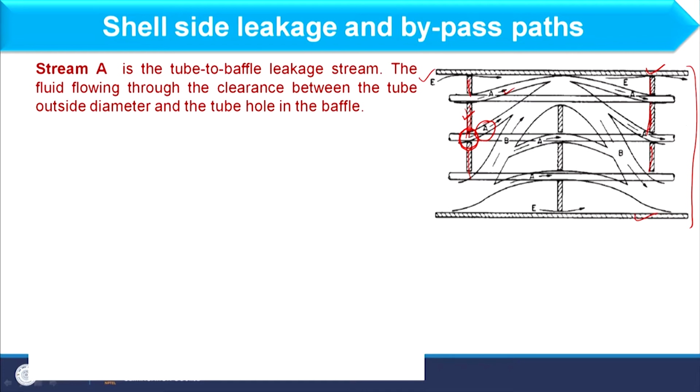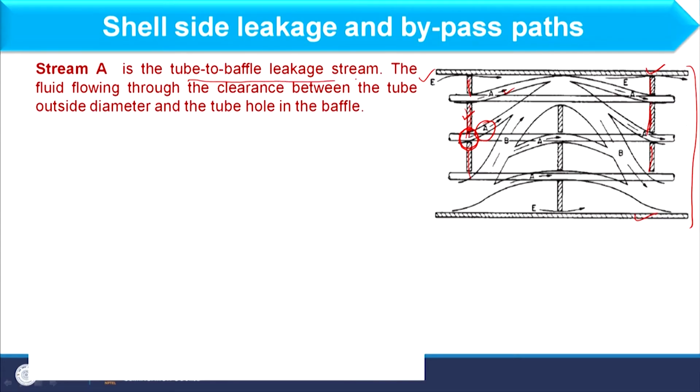This is very obvious, as we have to insert the baffle over the tubes. Insertion is possible when I have a larger hole diameter in comparison to the OD of the tube, then only it will slide over the tubes.